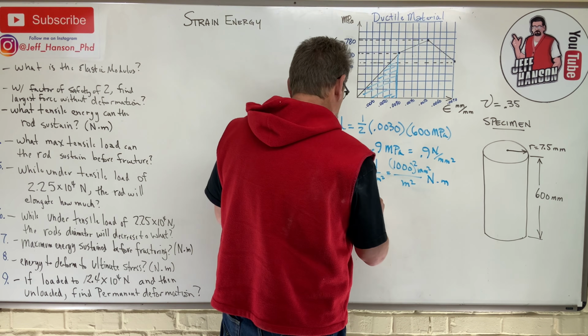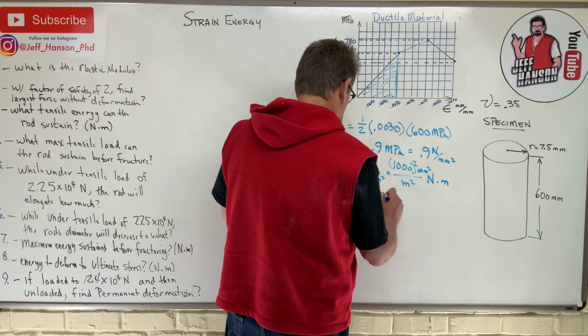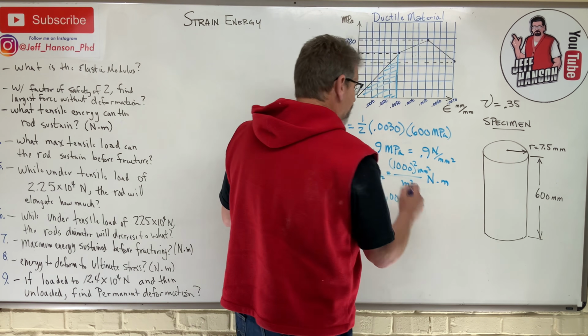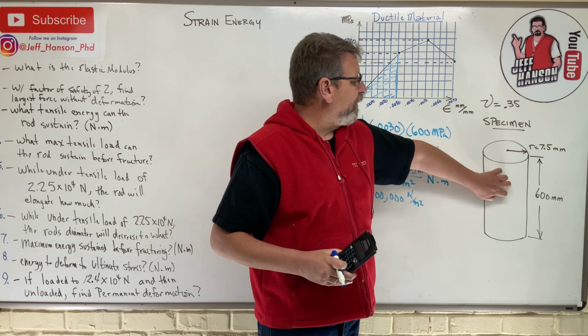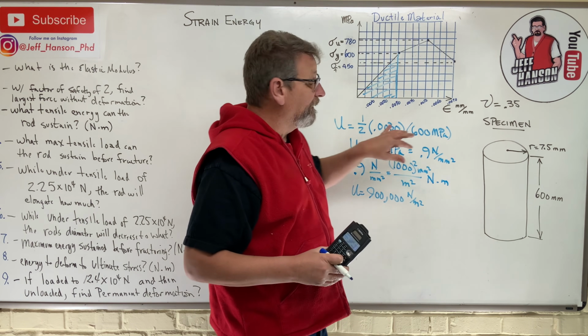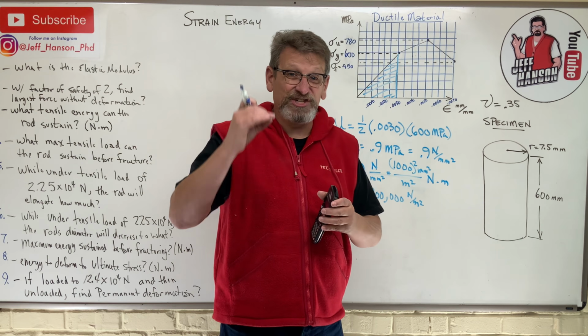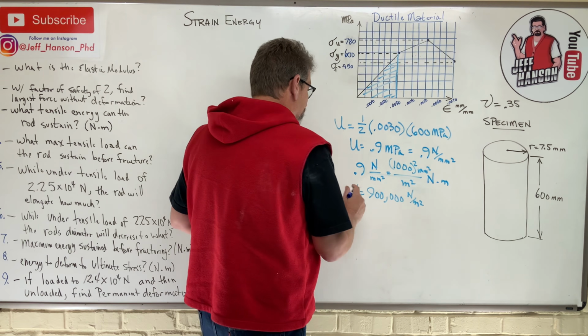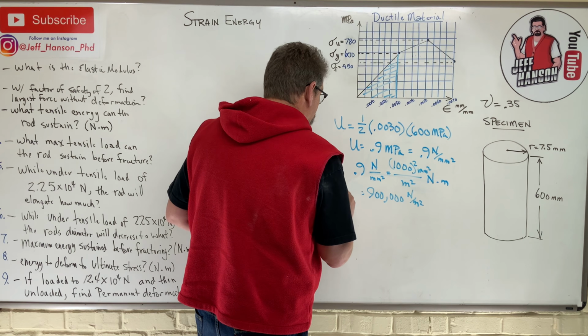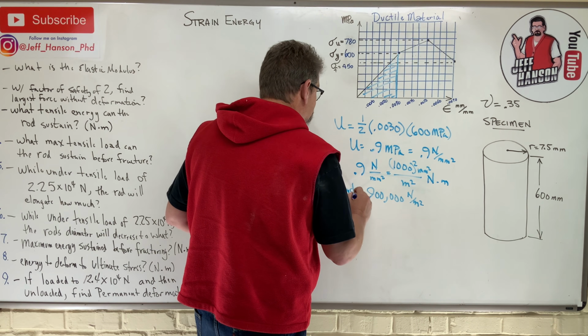So U equals 900,000 newtons per meter squared. Now, if I find the volume of this, right? So I'm going to take my strain energy, and I'm finding the strain energy density. Okay, so this down here is going to be energy density.